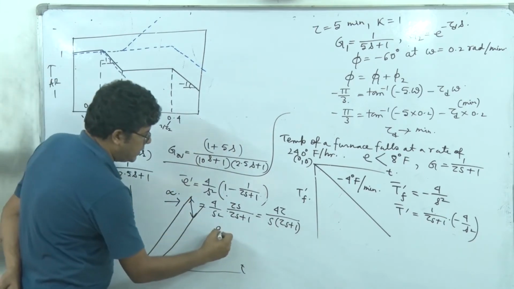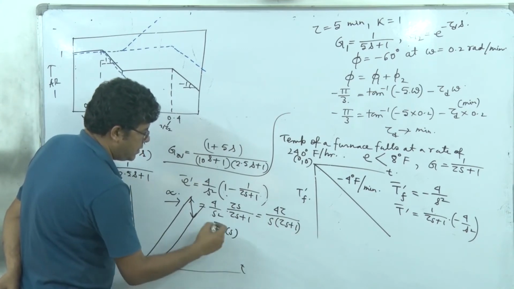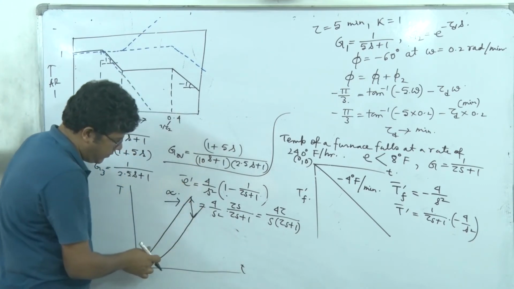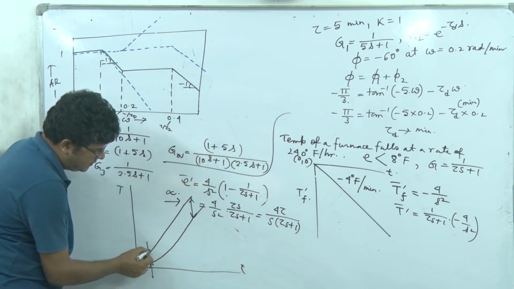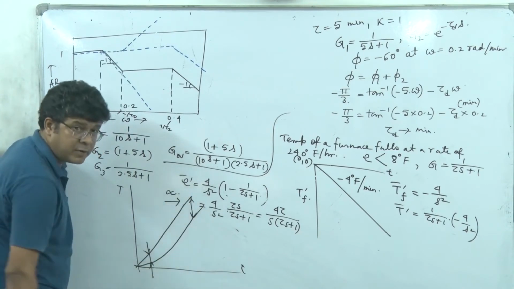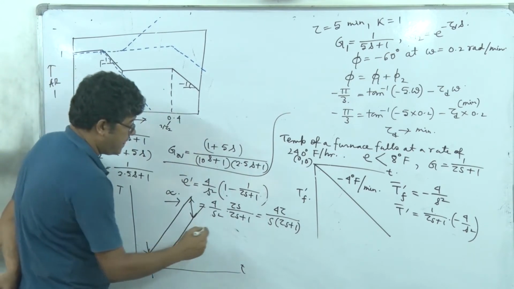So we know that E prime bar S, and we have to get this gap. This gap is lower; this is the maximum possible gap between the input and the response.